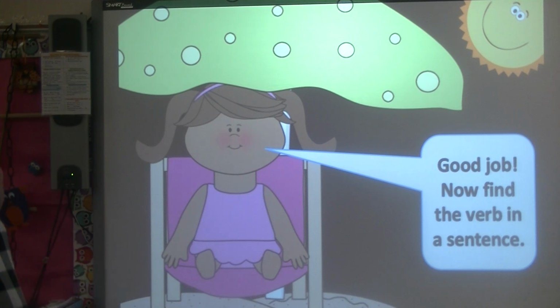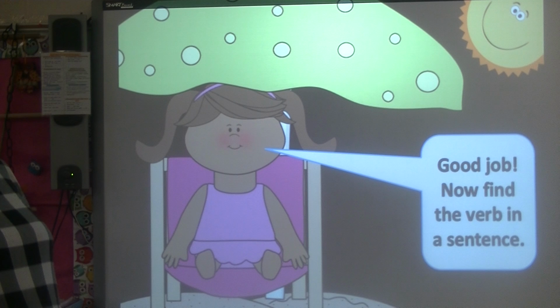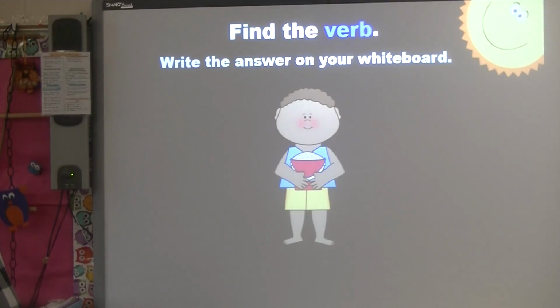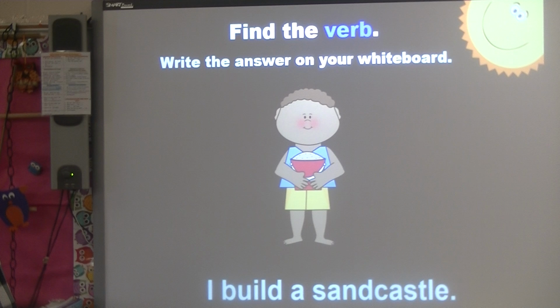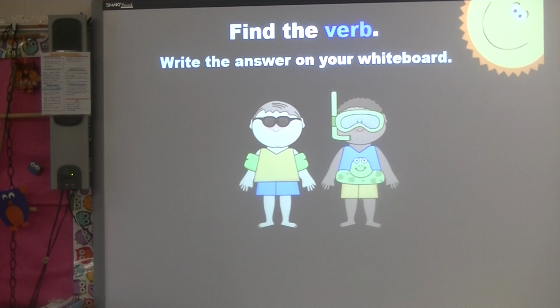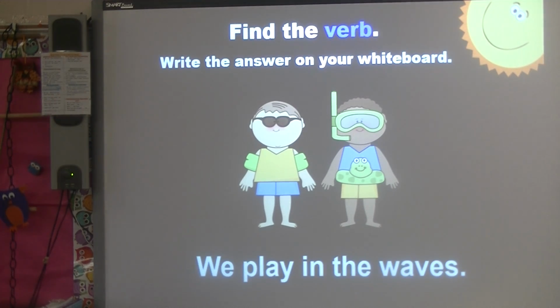Now you're going to find the verb in the sentence. You need to be able to put verbs into sentences correctly. I build a sand castle. Look for the action word. Okay, guys, what is it? Build. That's what you can do. We play in the waves. Name the verb. Play.